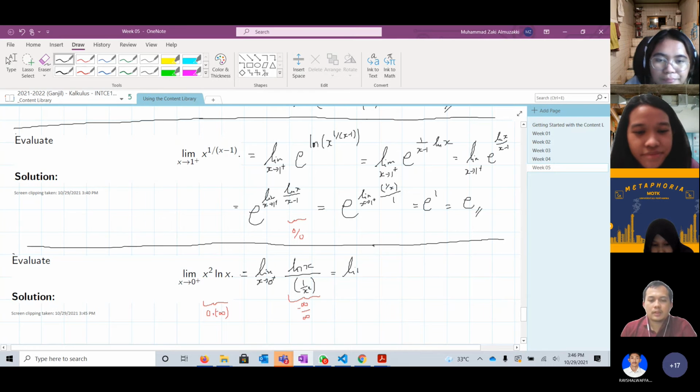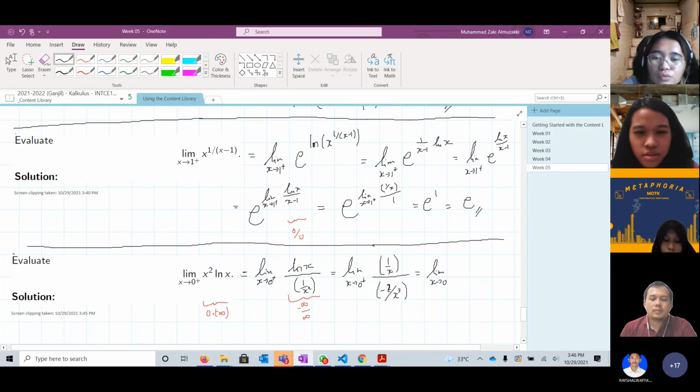We have limit x goes to 0 from the right of 1 over x divided by minus 2 over x cubed.